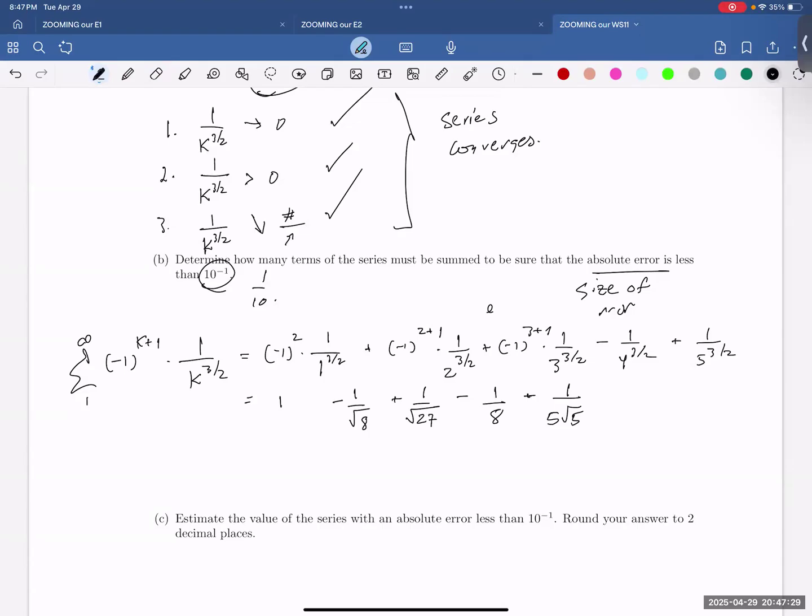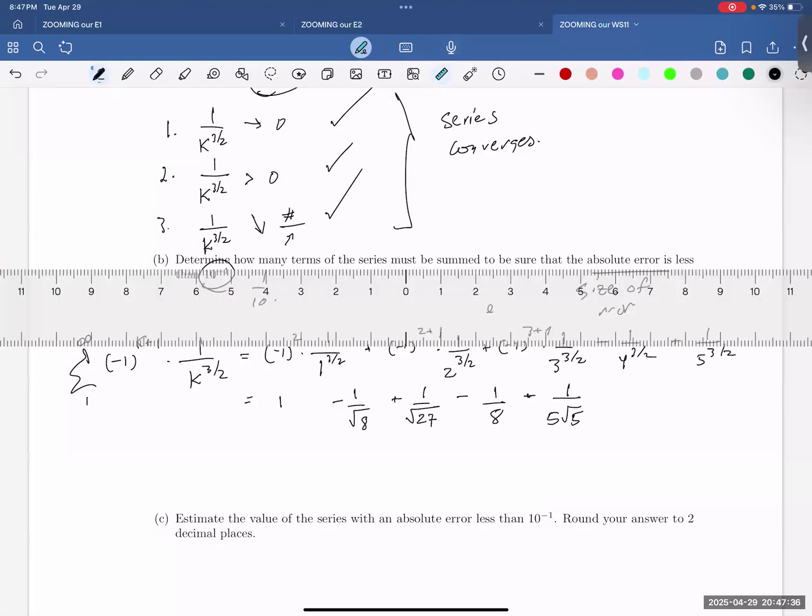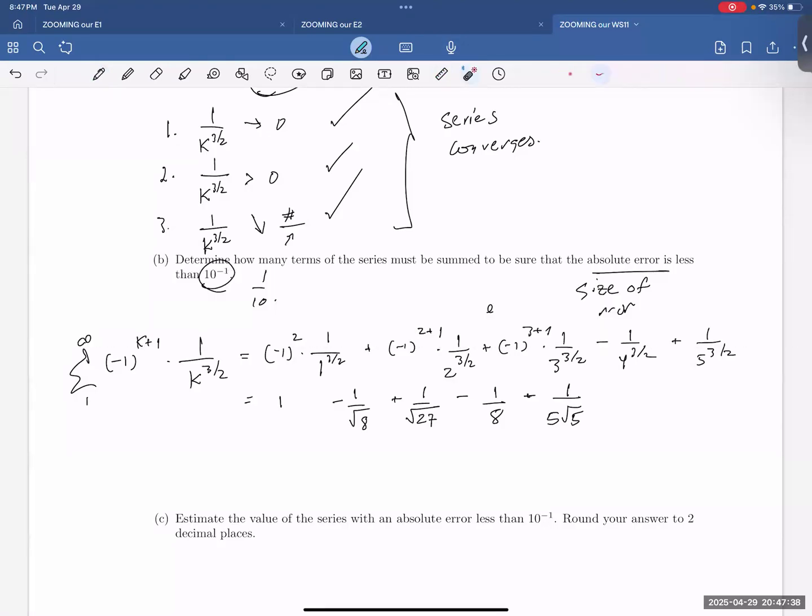And that one is smaller than a tenth, because if this were 10, that would mean 5 root 4, that's 5 times 2, that's 10, but it's 5 root 5. So 5 root 5 is bigger than 10. That means 1 over 5 root 5 is less than 1/10. Okay, so you found a term. It's this term that's less than a tenth.